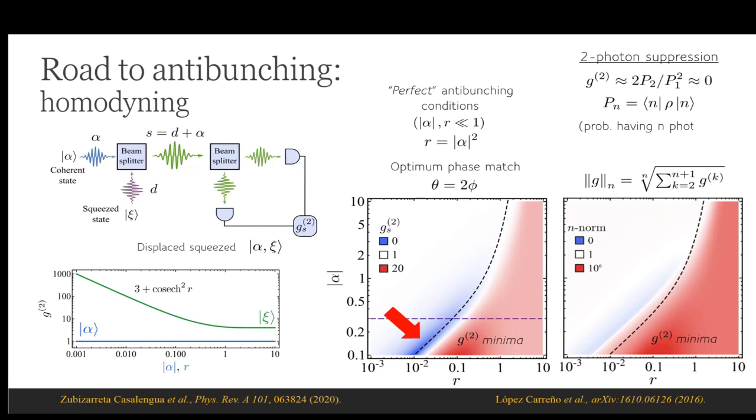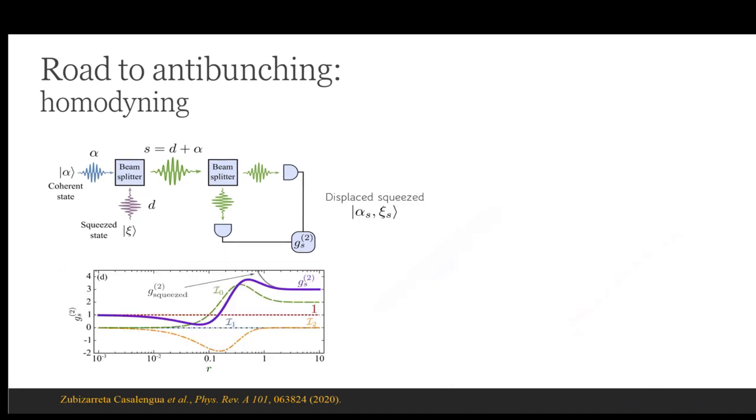So now I want to make another mention of this Homodyne scheme, but in this case I want to separate the contributions between the incoming parts. If I look at the mean field, the outcoming mean field is just the sum of the mean fields, like in a classical wave.